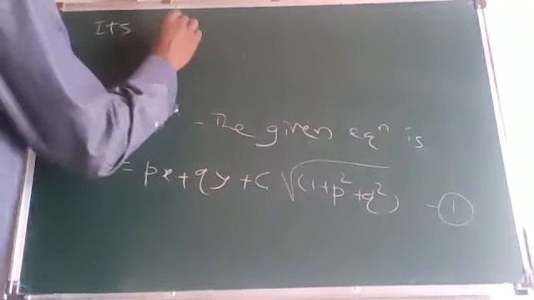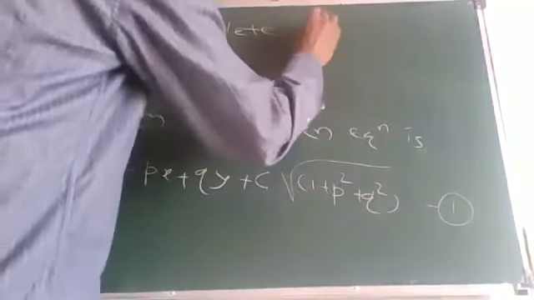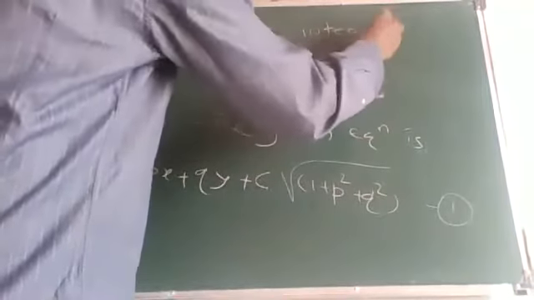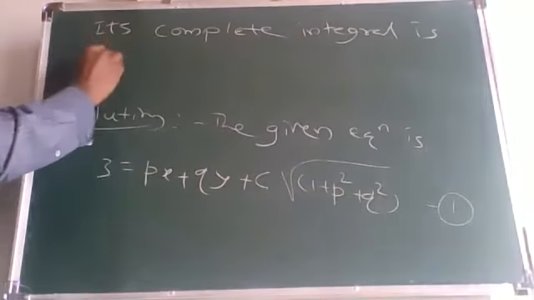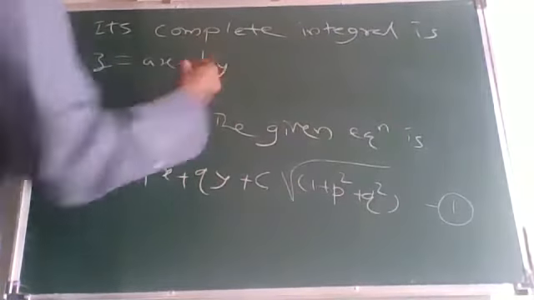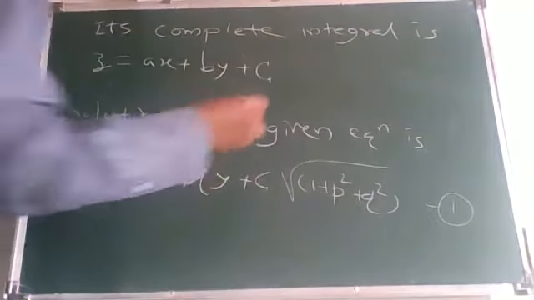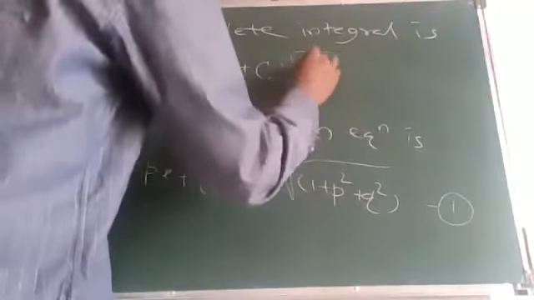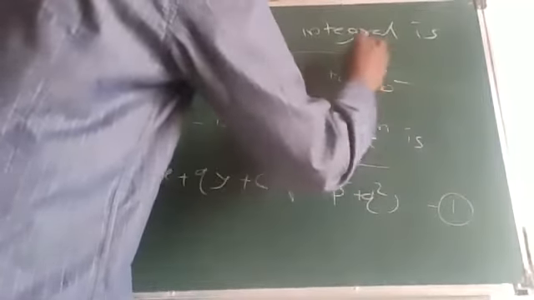Its complete integral is z equal to Ax plus By plus capital C into square root of 1 plus A square plus B square.